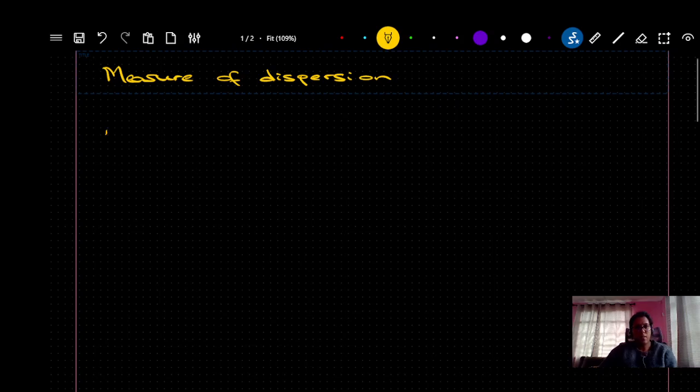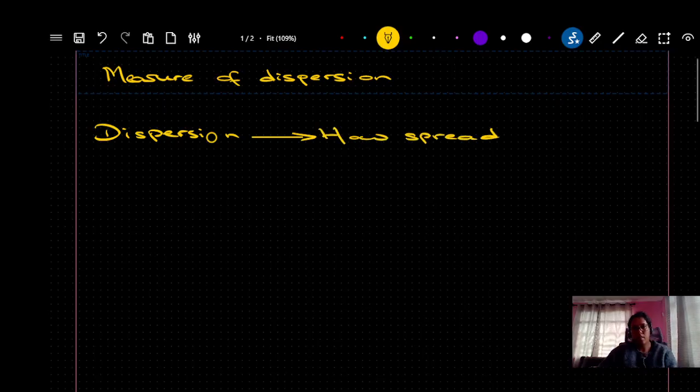So, what is dispersion? It gives you a clue of how spread the data is. How dispersed the data is. So we're going to take a look at it.